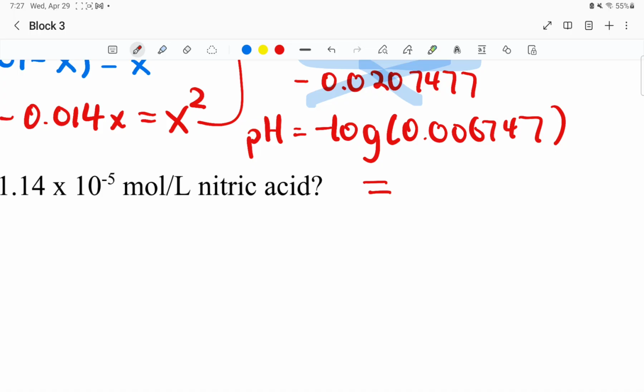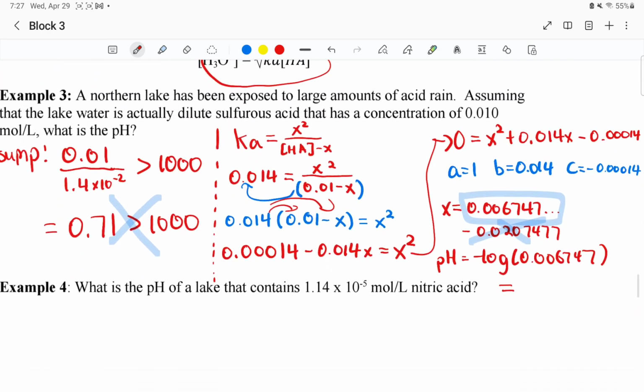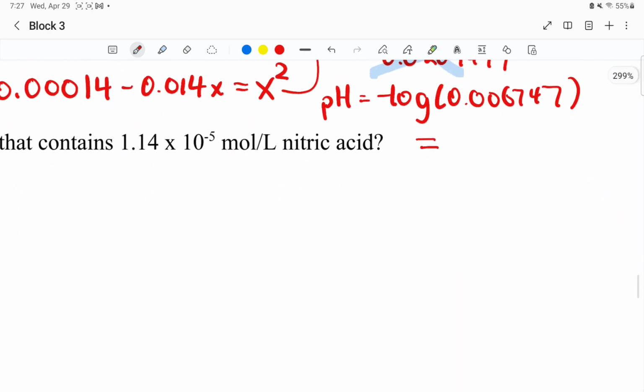So I get about 2.17. And now, how many sig digs do we have? We got 2 sig digs, so 2.17.